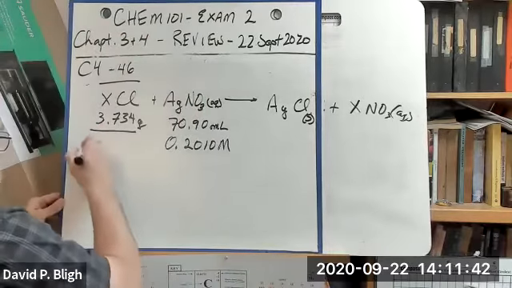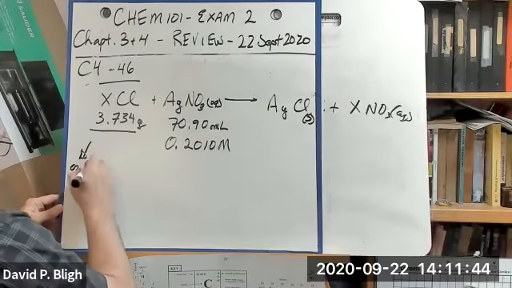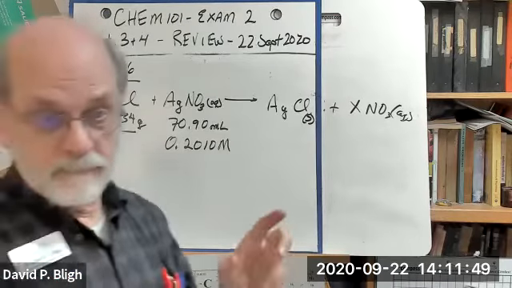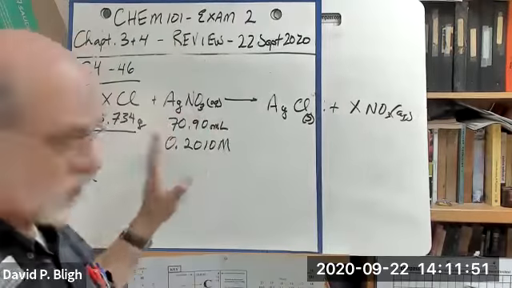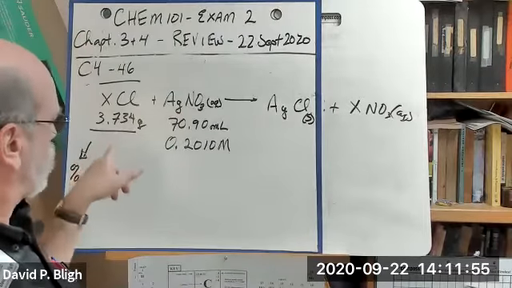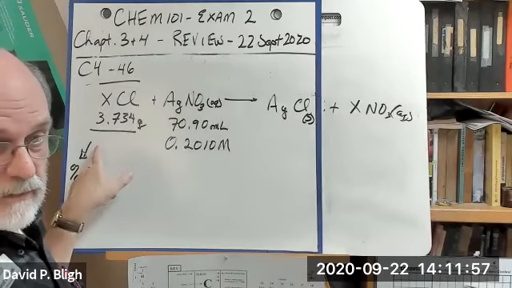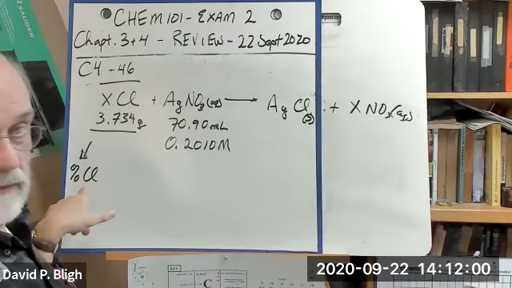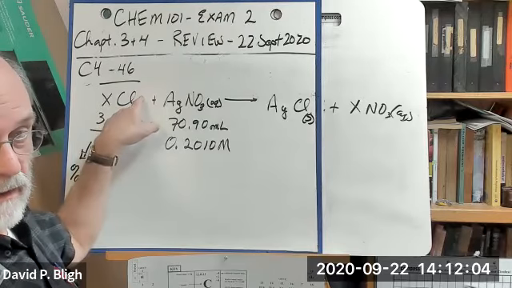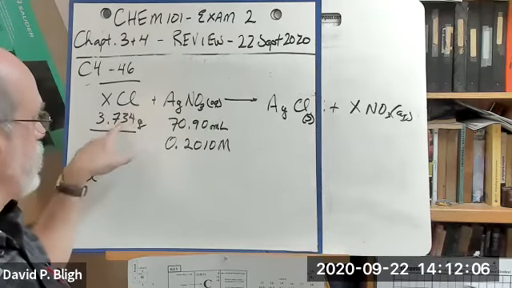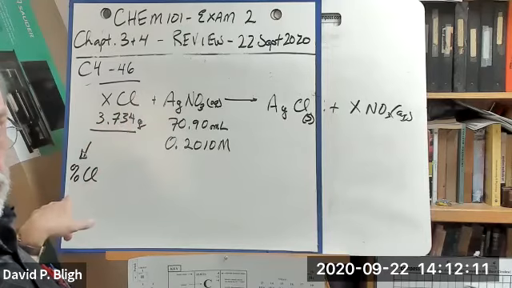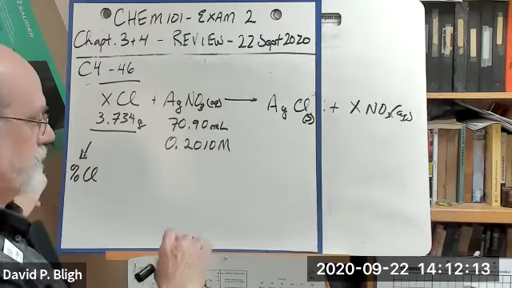So the question is, percent chloride in that sample. All right, this is everything that we're given. We may have to look some other stuff up later, but for now, what do we need to do to calculate this? We need to know the mass of chloride in that sample so that we can ratio it with this value. So the mass of that divided by this times 100 is this value. So we're looking for the mass of chloride.